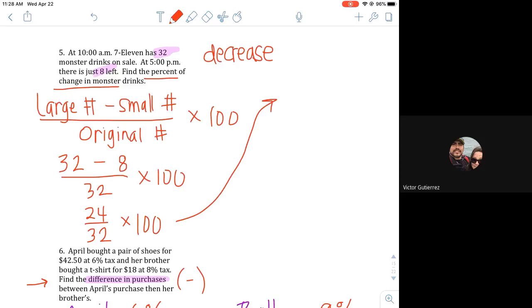So we get 0.75, and that's a decimal. We're just going to multiply it by 100 to make it a percent. So the final answer here will be 75%, and it's going to be a 75% decrease. Yeah, you're welcome, Marjorie.